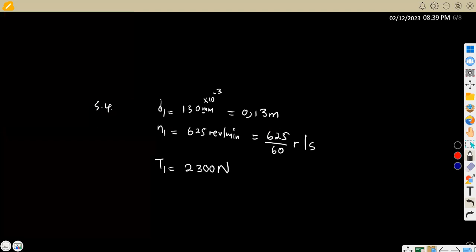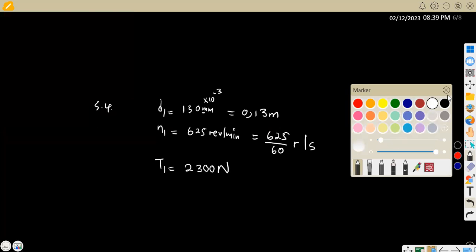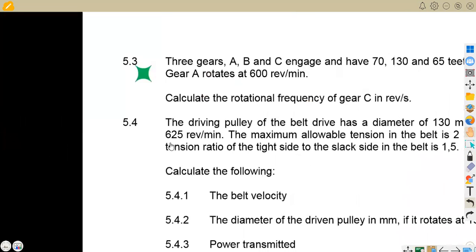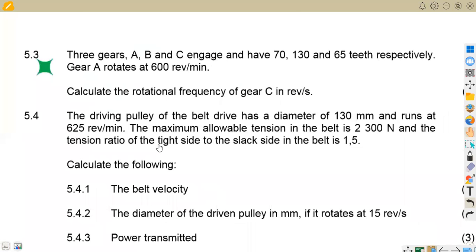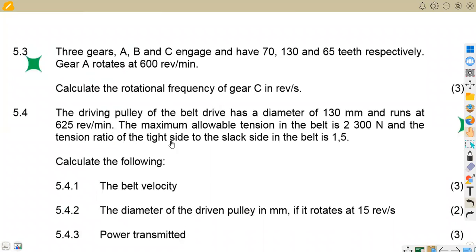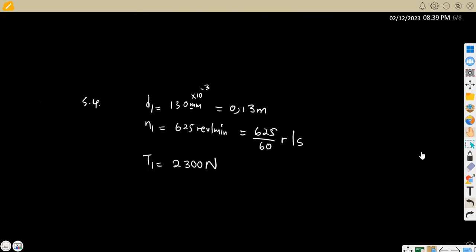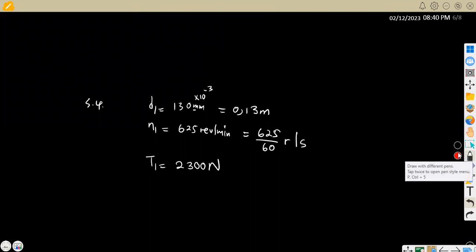All right. Then we are also given that the tension ratio between the tight side to the slack side is 1,5. Okay, so this is the ratio. Remember, our tight side is T1 and the slack side is T2. So we're given that T1 over T2, which is the ratio, is equivalent to 1,5.